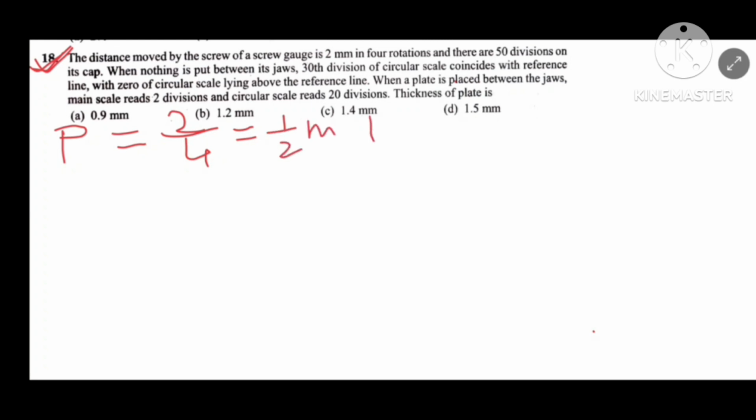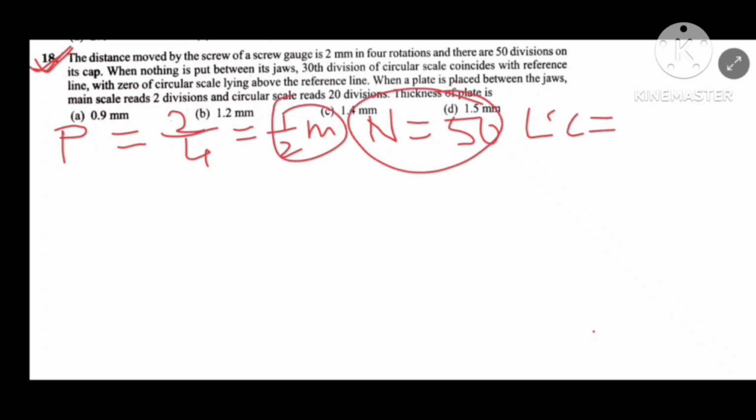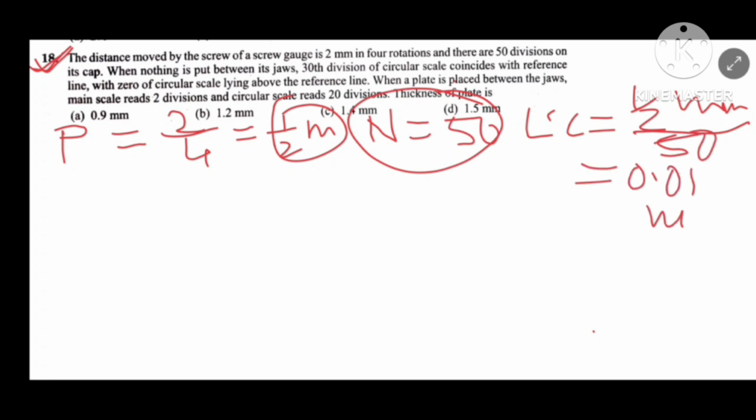Now total number of divisions in the circular scale is 50. Therefore LC is equal to pitch by total number of divisions. This is the pitch. So look at this. This is half millimeter divided by this is the 50. This is the 0.01 mm.